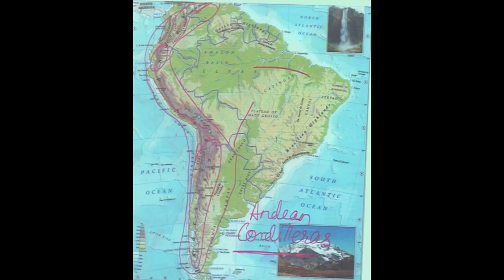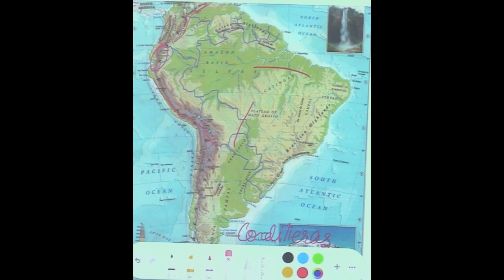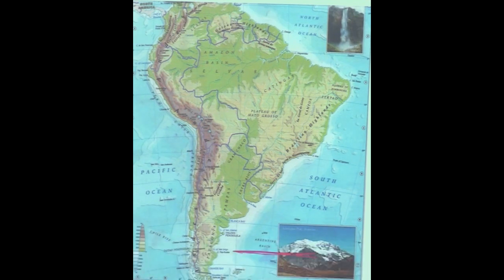These young fold mountains make the most important physiographic unit of this continent. It is with these young fold mountains that we can correlate other physiographic units also. Before we proceed, a point of reminder one more time.